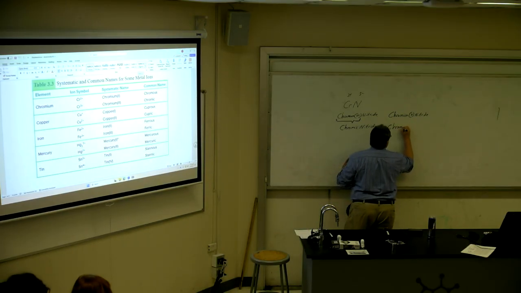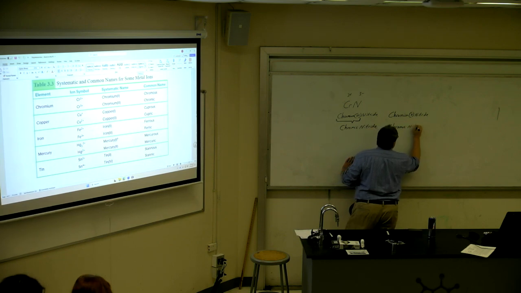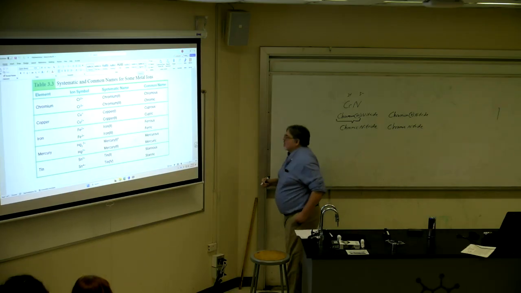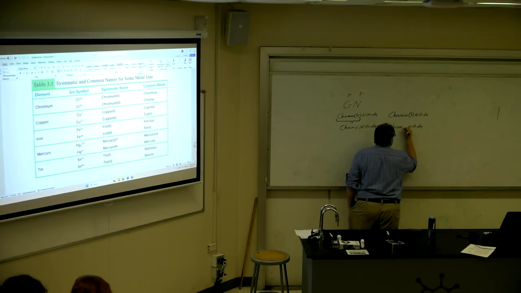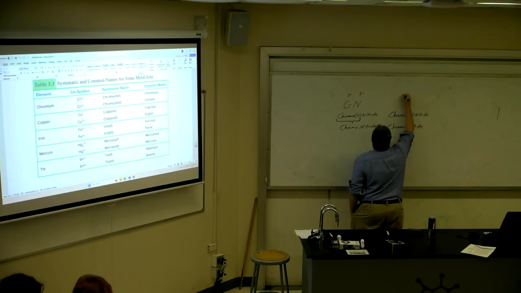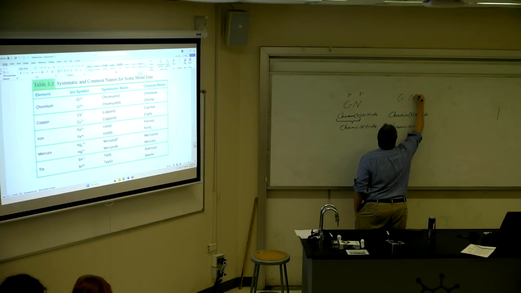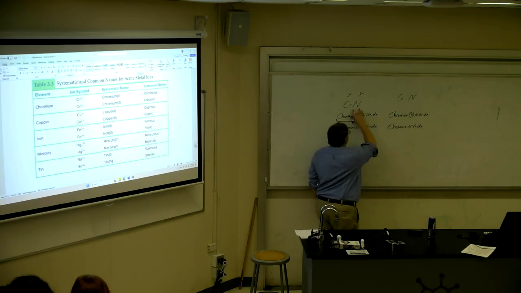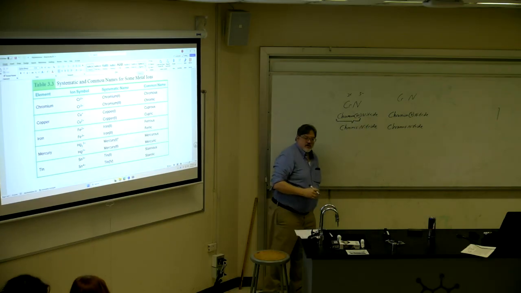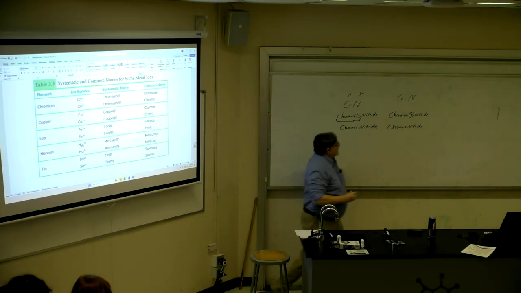The other name here would be chromous. Spell that right. Oh, it is O-U-S. All right, fine, O-U-S, chromous nitride. So you're gonna have a chromium, you're gonna have a nitrogen. The question is, what are these subscript numbers? These happen to be 1 and 1.